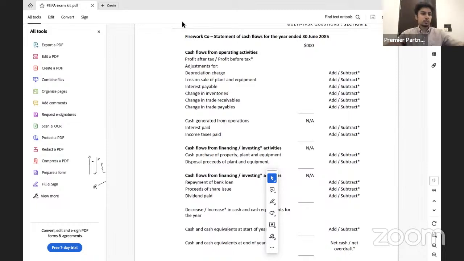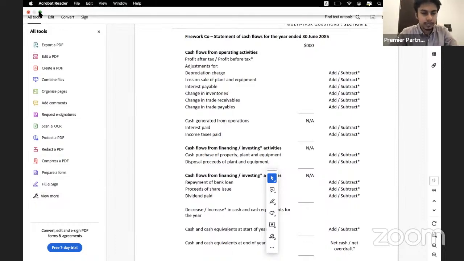Okay, right. So guys, so far it seems like there is no doubt. So in that case, just give me a few minutes. I'll quickly set up the format on my laptop and then we can start doing this question.